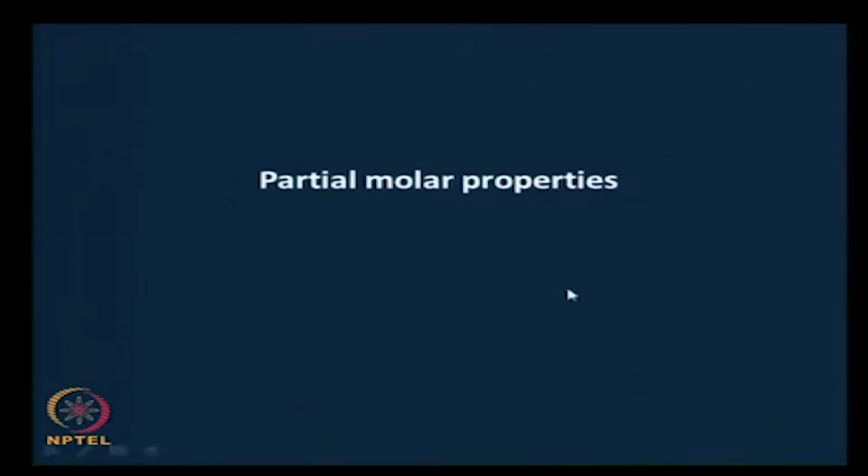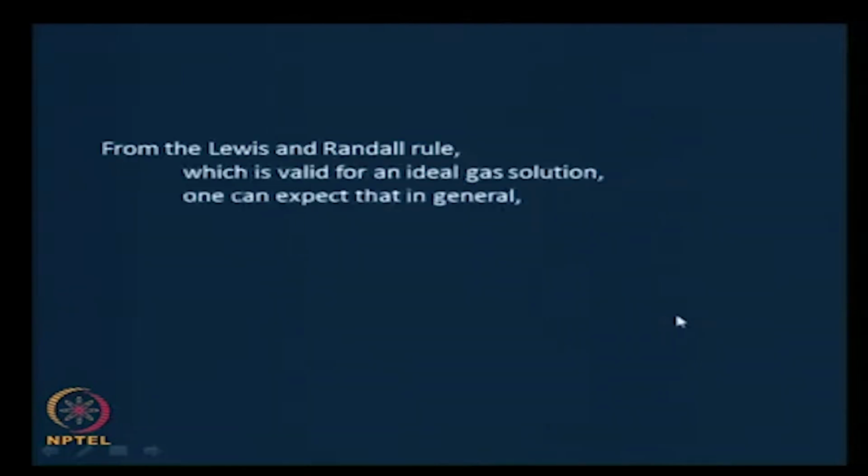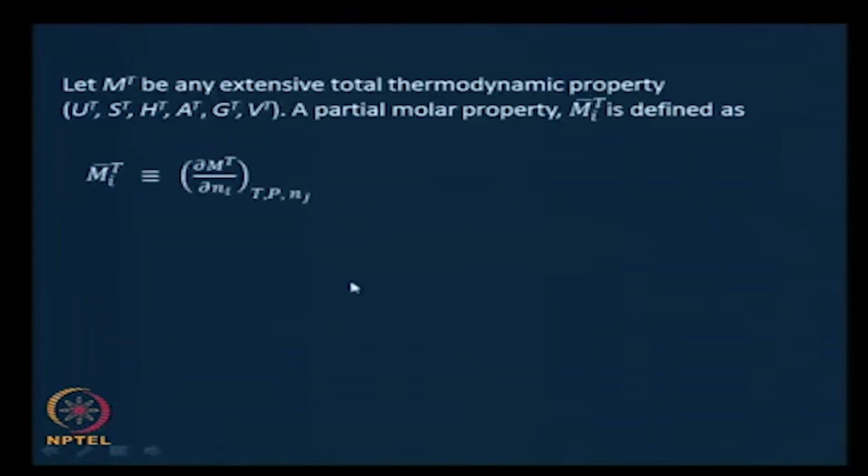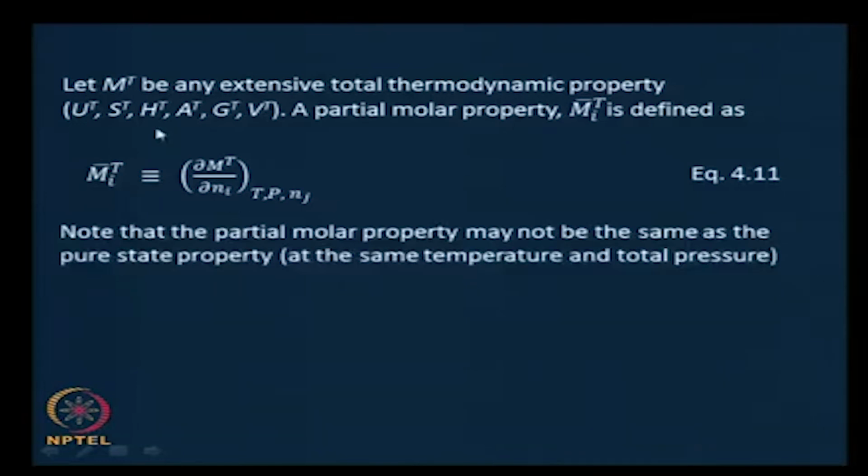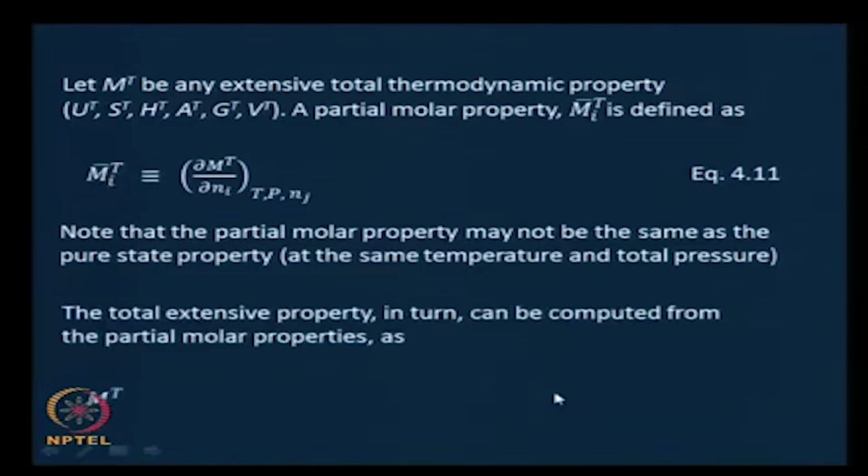to represent appropriate properties we need partial molar properties, which are defined as dou M t by dou Ni at constant T, P and Nj. You could define partial molar properties for any of these, and our representation was Mi hash.